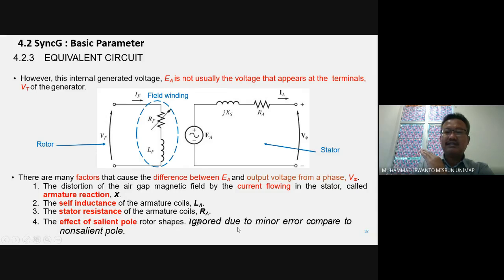The other factor is the effect of the salient pole rotor shape. Sometimes it can be ignored because it is a minor effect compared to the non-salient pole. So we can consider three effects: the armature reaction X, self inductance or self reactance XA, and then armature resistance RA.